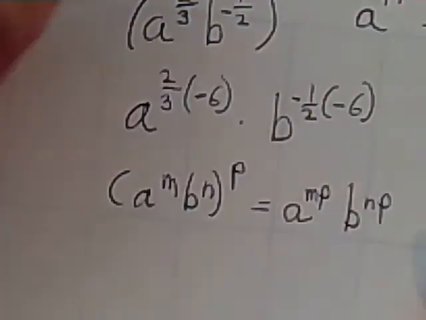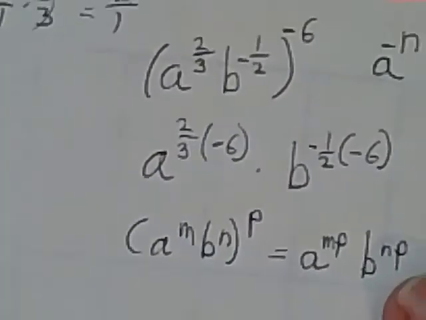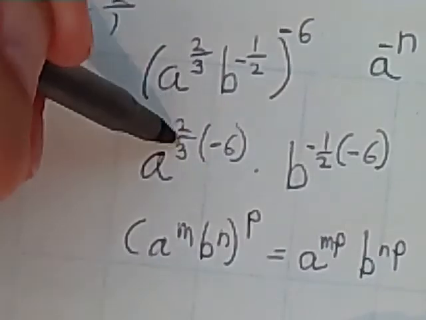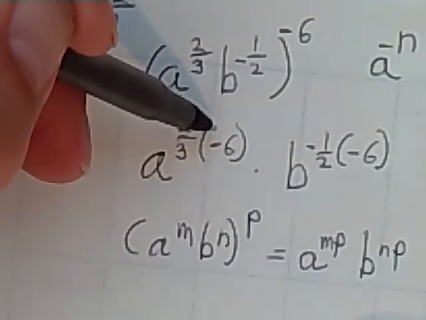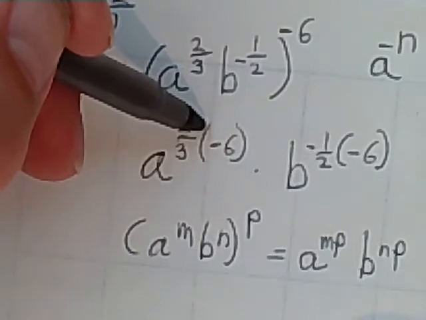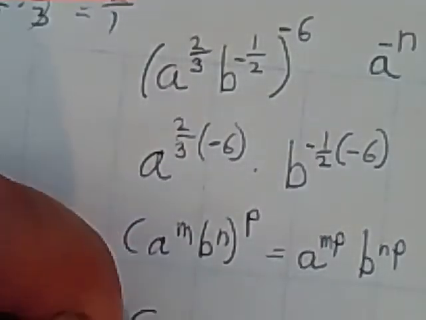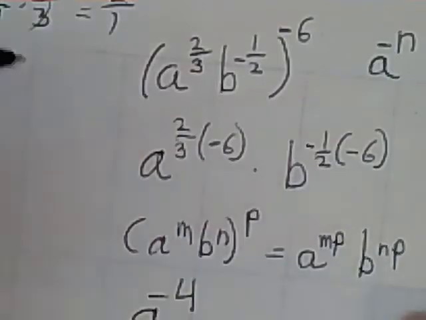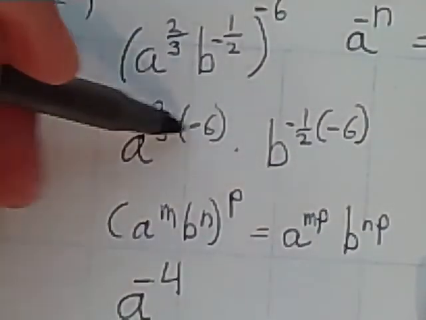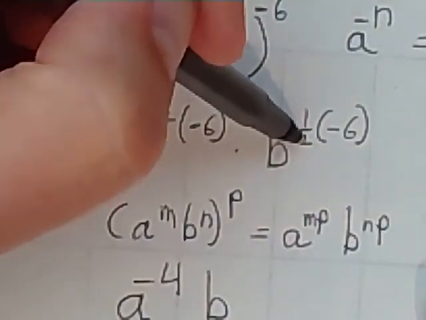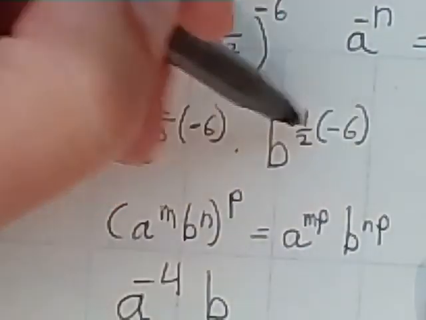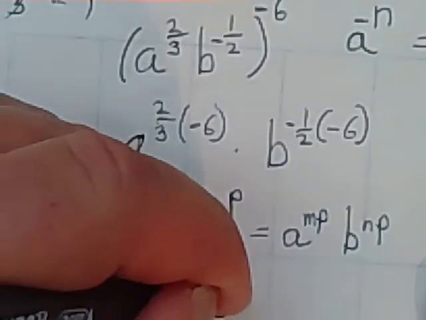Okay, so this is much easier, right? 2/3 times -6. Isn't that -4? A to the -4th power times b, -1/2 times -6 is a +3.